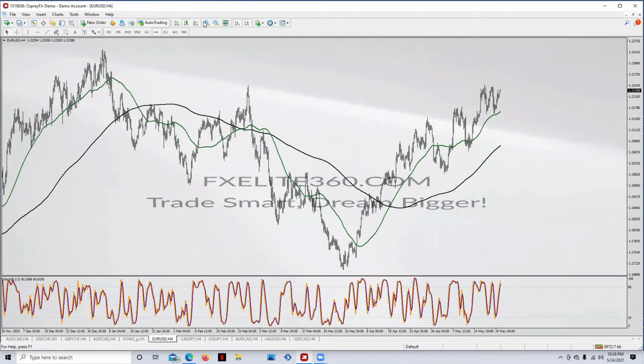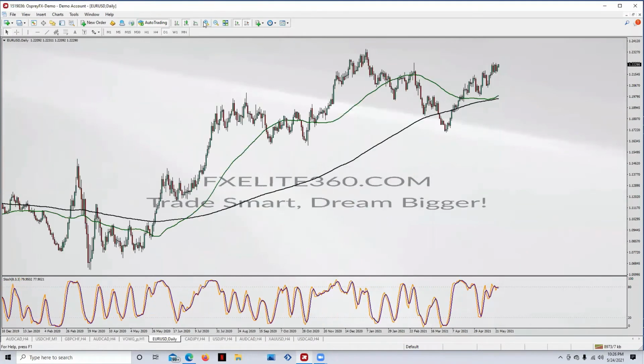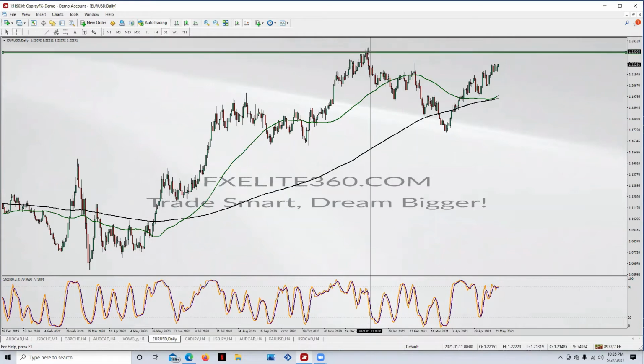On the daily, those are usually the 500 pips that I look for. So this would have been a daily level right here, and this dropped over probably 500 to 600 pips, and it's rising back up 500 to 600 pips.